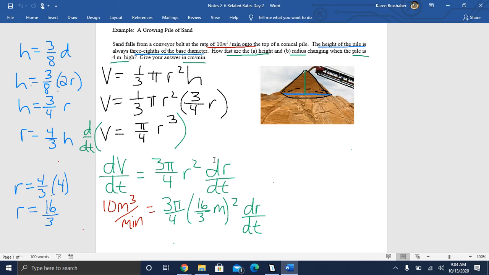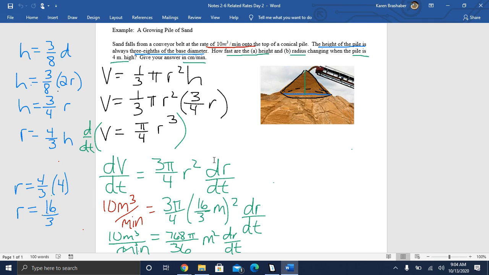So if you square 16/3 and multiply that by 3 pi over 4, you'll end up with 768 pi over 36 meters squared dr/dt. And then our other side, 10 cubic meters per minute.